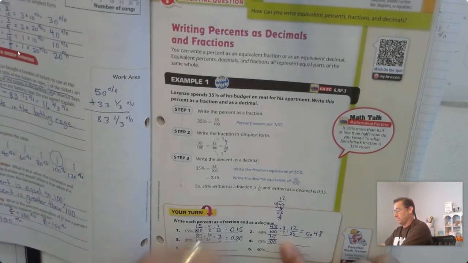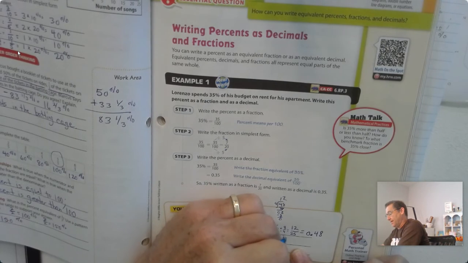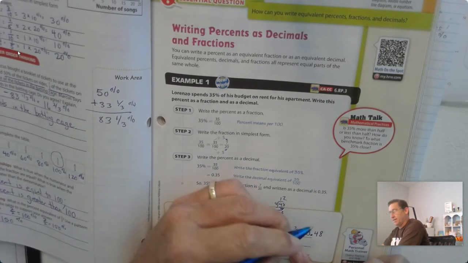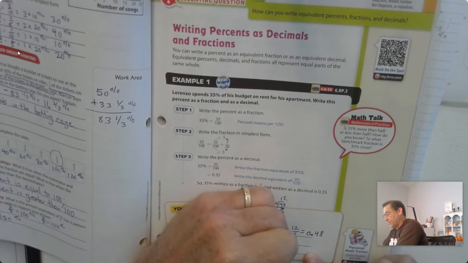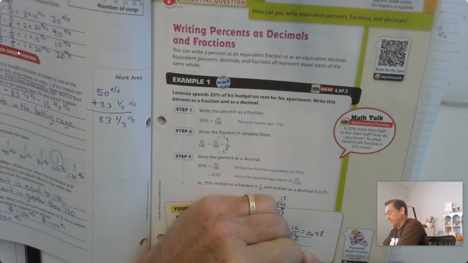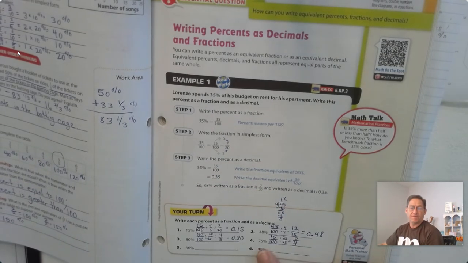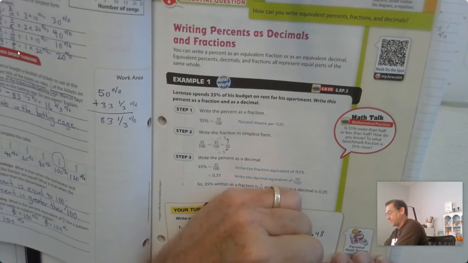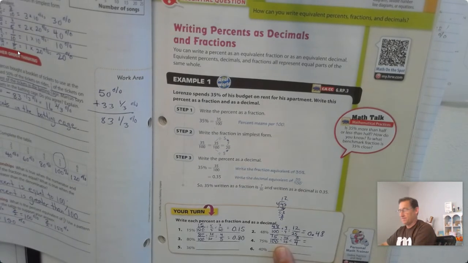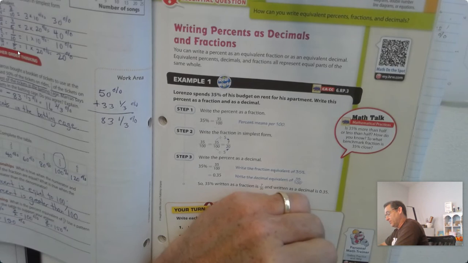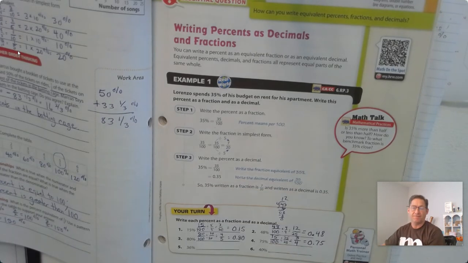And these are quarters, so I know the quarter is a common factor to both. 75 divided by 25 is 3, and 100 divided by 25 is 4. So 75% is the same as 3/4, and 75 hundredths is the same as 0.75.